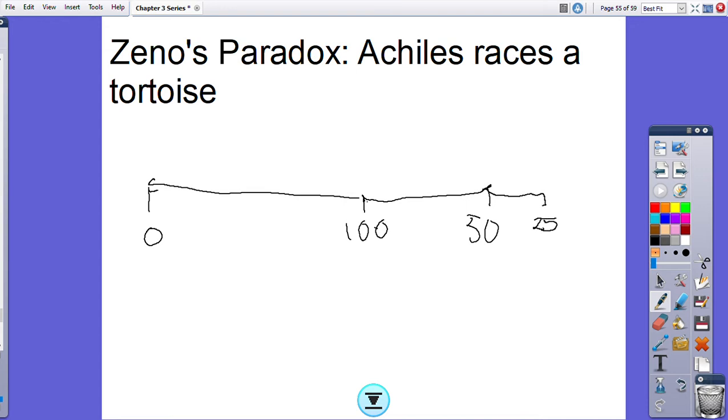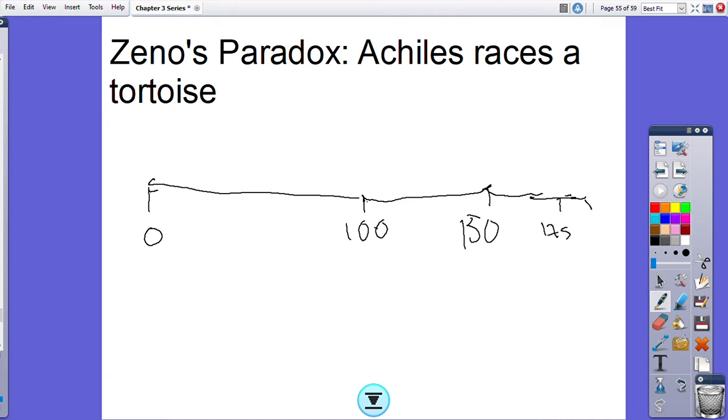And the tortoise goes 25 meters. And Achilles still hasn't caught him. So now he runs that 25 meters. So, that should really be 150. Let's just change that to 175, so we've got a proper axis. That's 175.